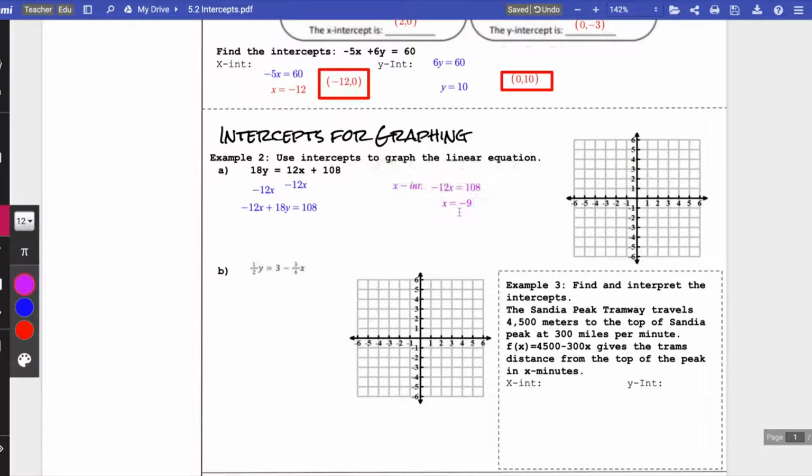Which means that my x-intercept is at the point negative 9, 0. I'm going to do the same thing for the y-intercept. And again, I'm just taking the y part of the equation. So 18y equals 108. I divide by 18.